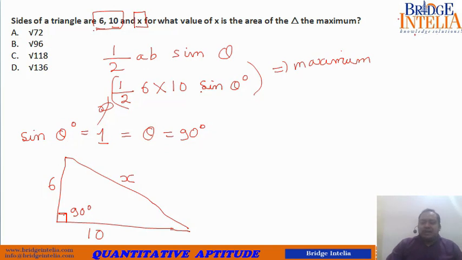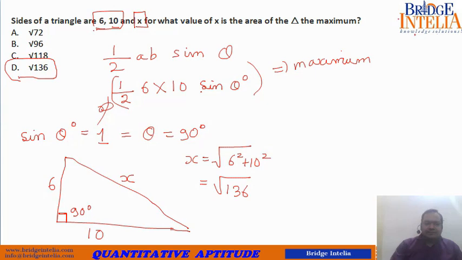Now you can apply the Pythagoras theorem in this triangle, because it is already understood that this is 90 degrees. So x comes out to be equal to under root of 6 square plus 10 square. So this is equal to what? Under root of 36 plus 100, which is root 136. So this is the correct answer.